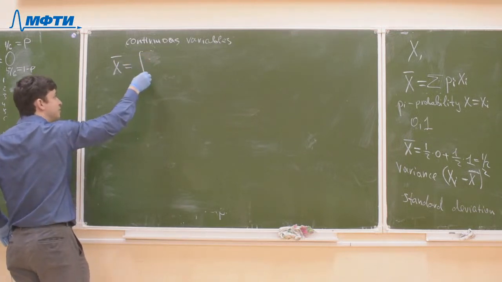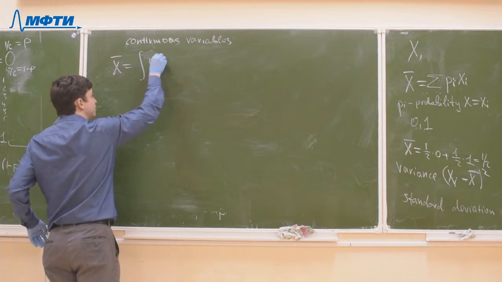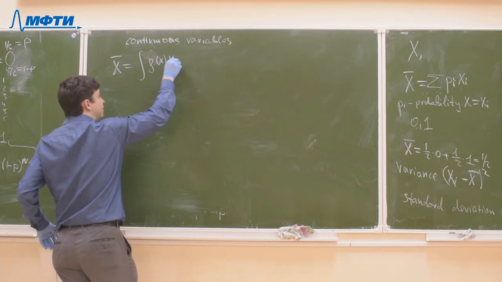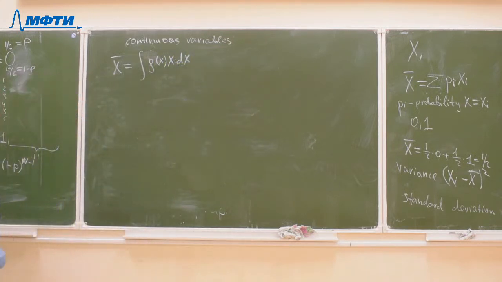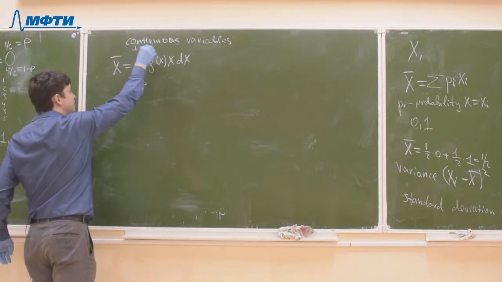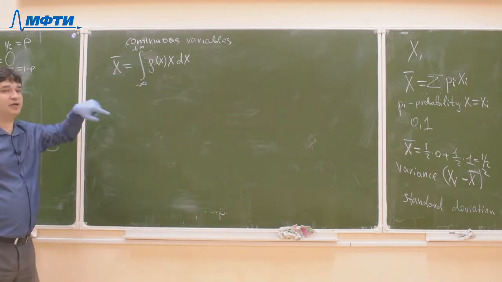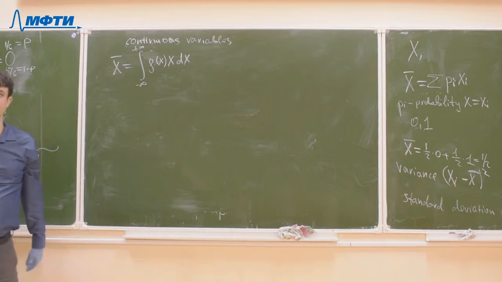This is the integral of probability density of x multiplied by x multiplied by dx, let's say, from minus infinity to plus infinity. In general, of course, the limits of integration are from the minimal possible value of x to the maximum possible value of x.